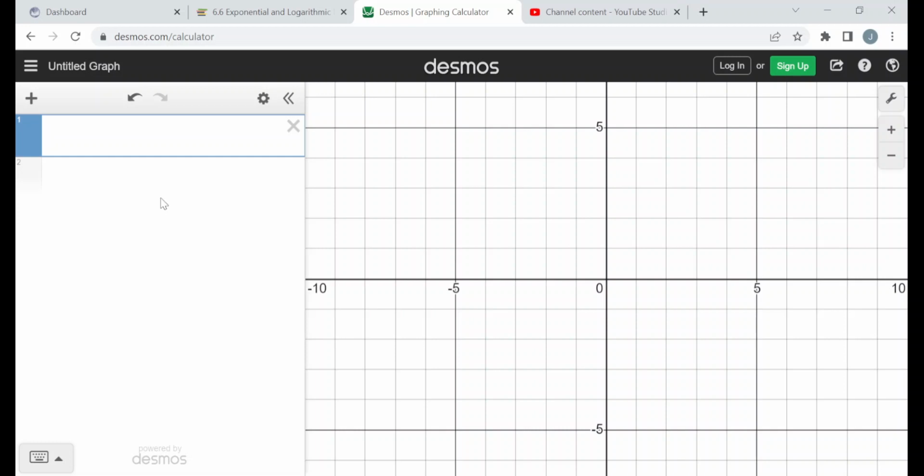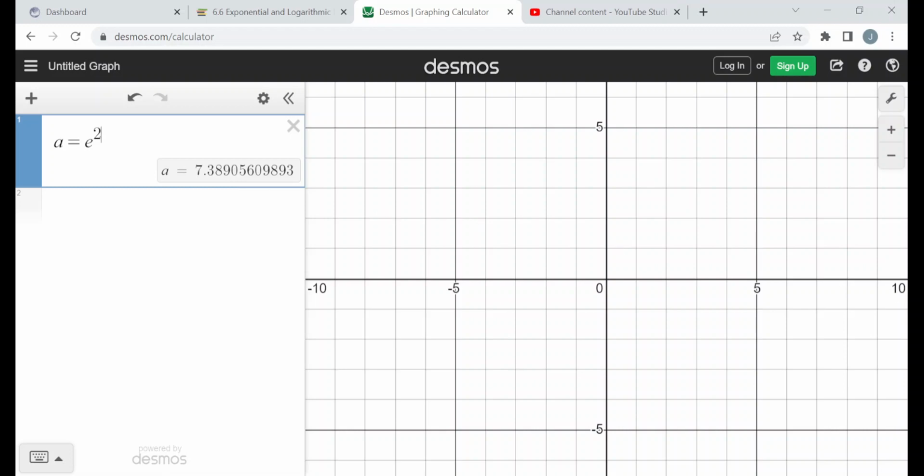I'm going to punch in a value, and I'm going to call this value little a when I use it in other calculations. And a equals e squared. Our solution is e squared, and e squared looks like about 7.389.